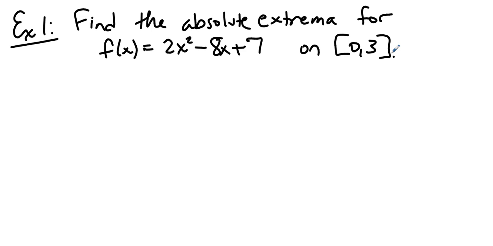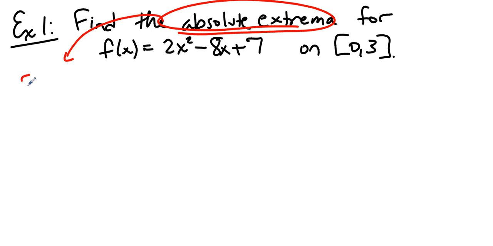One would be that we would plug in every value we can imagine between 0 and 3 and see what the highest high and the lowest low are, but that will take us a while, so let's not do that. Here's the something different I propose. If there are going to be absolute extrema, they occur at critical points or endpoints.